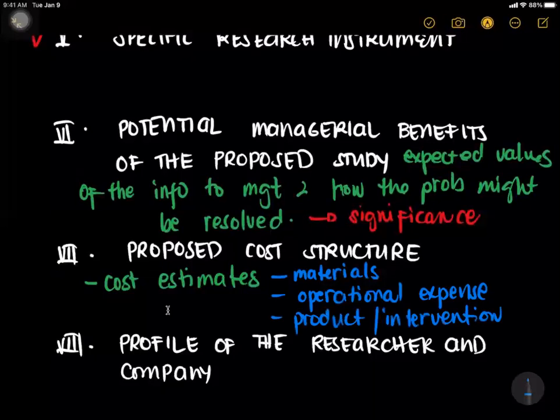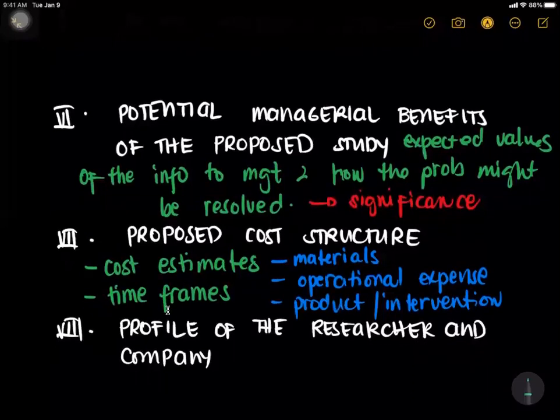Likewise, in a proposed cost structure, it is also important that you put here your time frames or your Gantt chart. Like what is your target date for the study to be completed, and what are the expected activities before reaching that target date for study completion? So it has to be included in there.